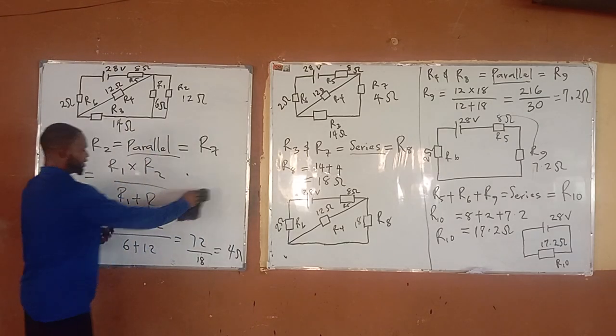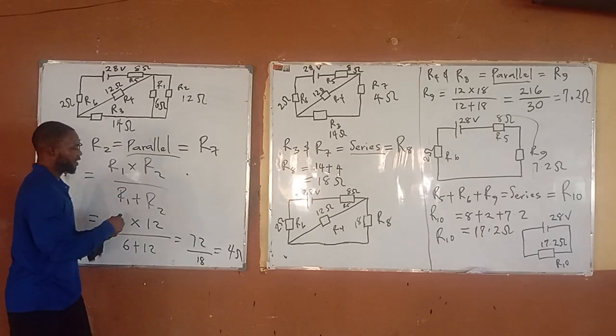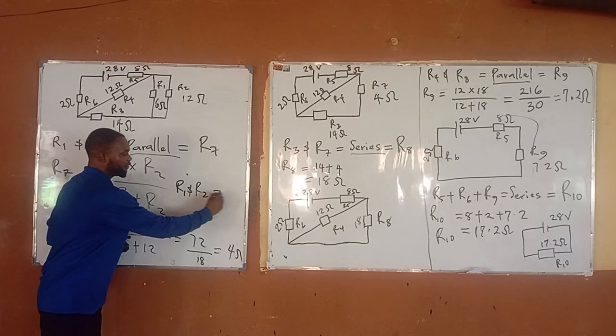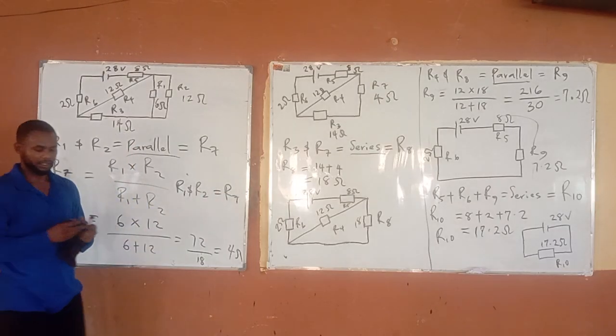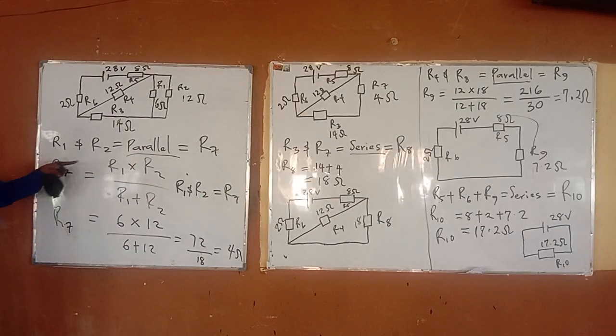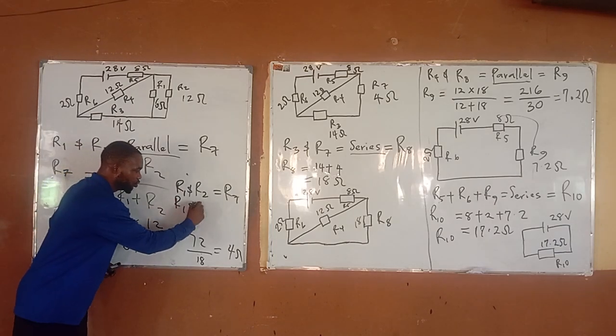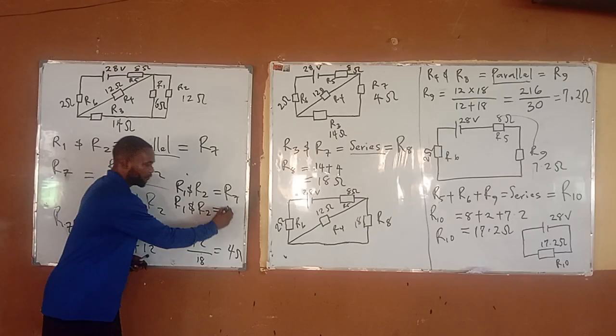What I mean is that at the point where you have R1 and R2, which gave you R7, this thing is in parallel, and I told you that parallel has the same voltage and different current. Is it not true? So since they are in parallel, R1 and R2 will give you voltage 7.